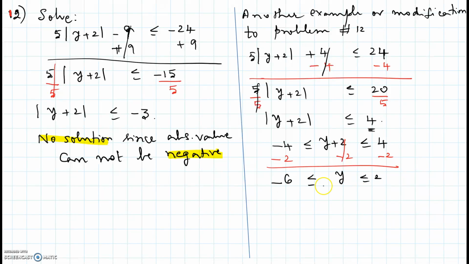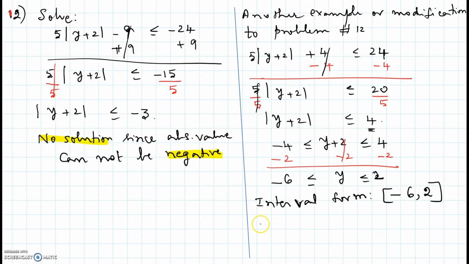So y is a number lying between negative 6 and 2. If the question asks you to write this answer in interval form, you write the solution as negative 6 through 2, with closed brackets on both sides.